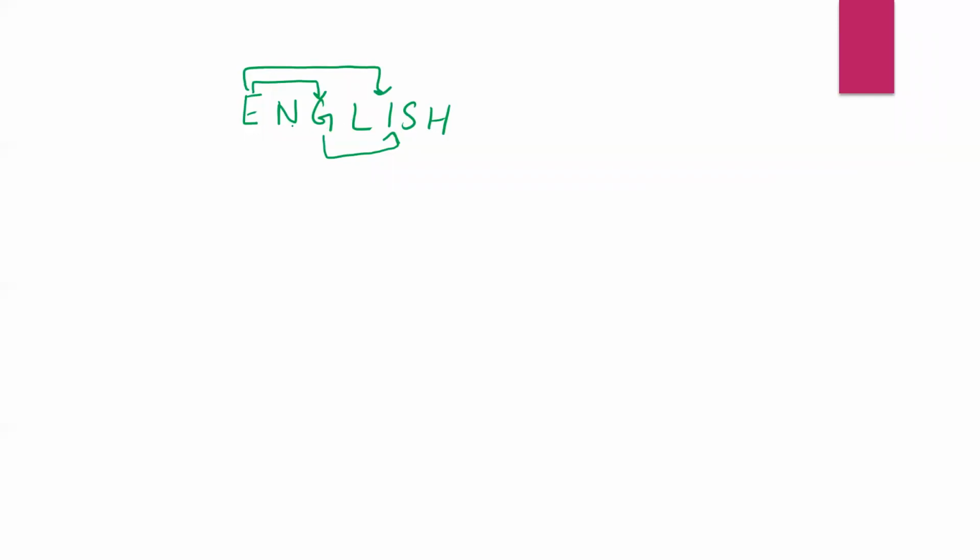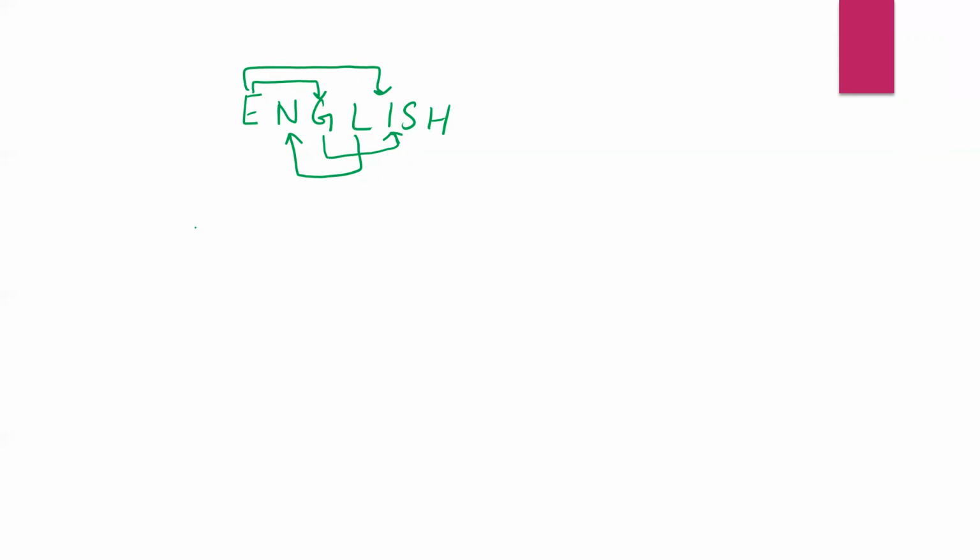From L: M, N, we are getting M, N. L, M, N, O, nothing. I, J, K, L, M. S, T, nothing. H, I, J, K, L, M, N, nothing. So we are getting four pairs.